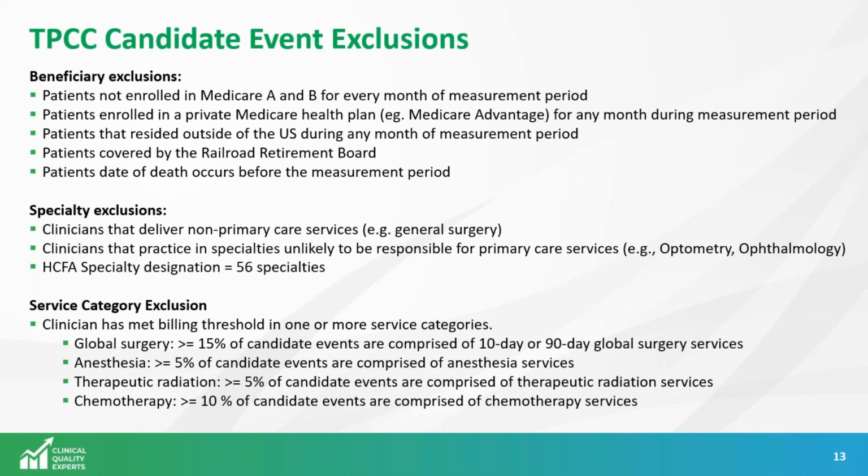So, for example, dermatologists still can come under this TPCC category. There is a list of 56 different specialties that are excluded, and the complete list can be found in the measure resources, and we do provide a link for that later on in the webinar. That list does change from year to year, so it's important to keep current as to whether, if you are a specialist, you are going to fall into that exclusion designation.